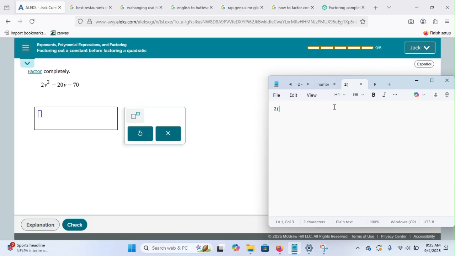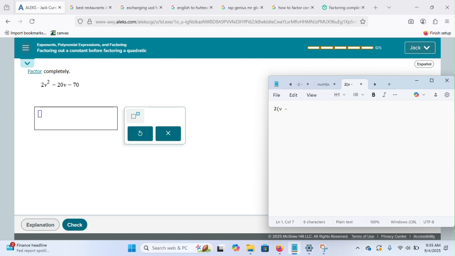So 2v squared divided by 2 would be v squared, and then negative 20v divided by 2.